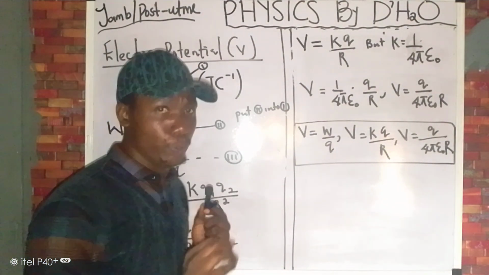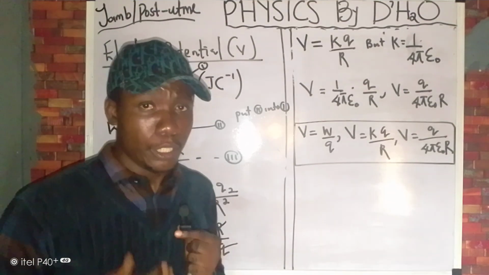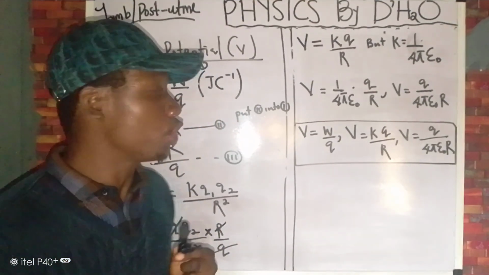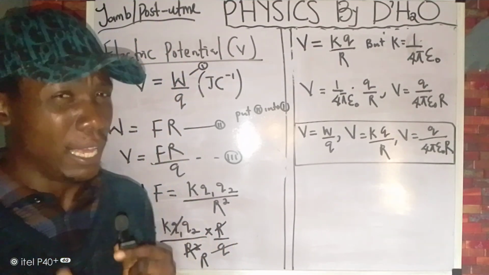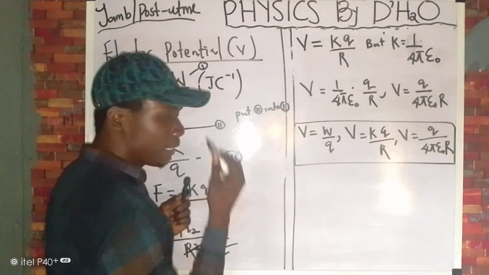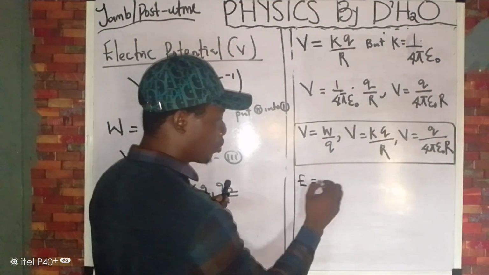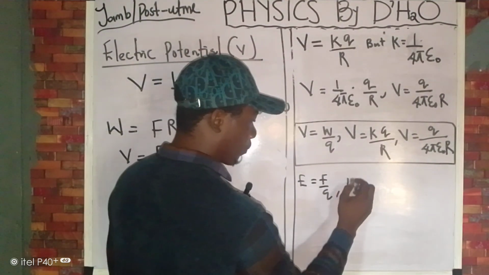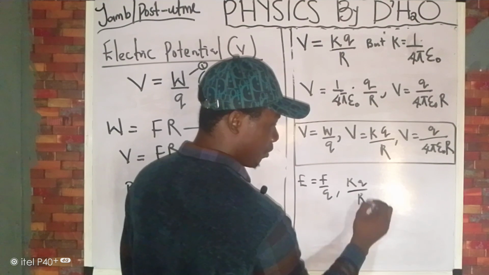Now, I'm going to show you the relationship between electric potential and electric field intensity. Because if you look at them, you see that they are similar, but you have to be careful. Remember that for electric field intensity, E is equal to force over charge. Remember, the second time we got KQ over r squared.